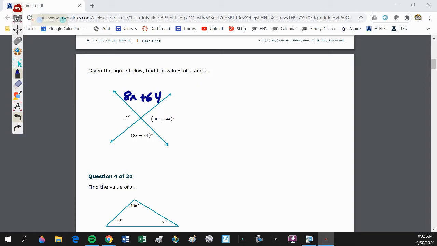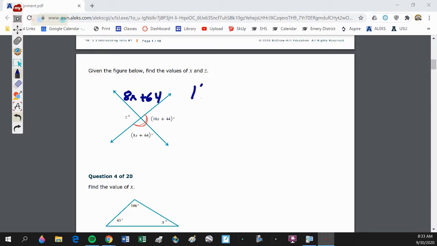Is there an equation we could write that only focused on z's or only focused on x's? So she's looking here. It's not equal. We don't know that they're the same size, but what do we know?